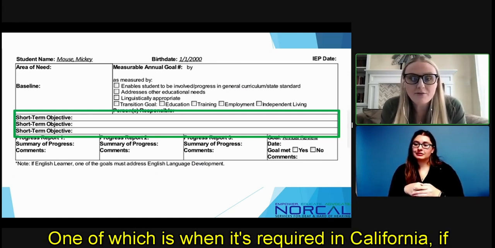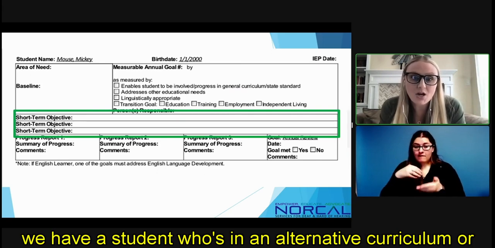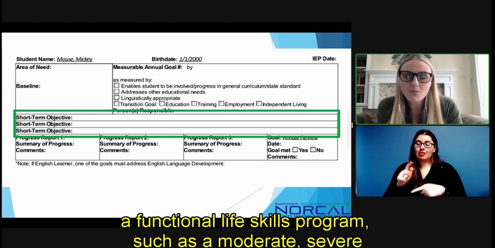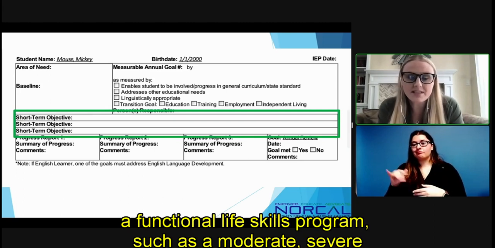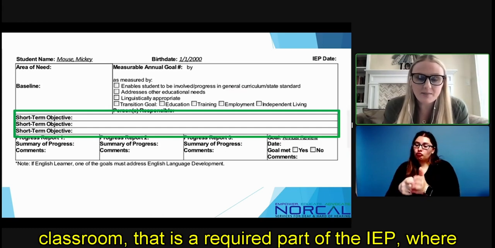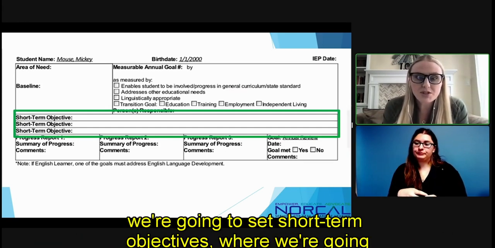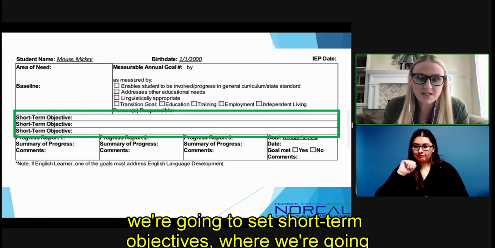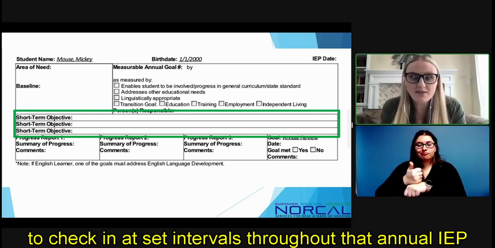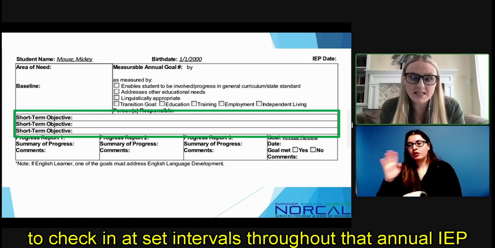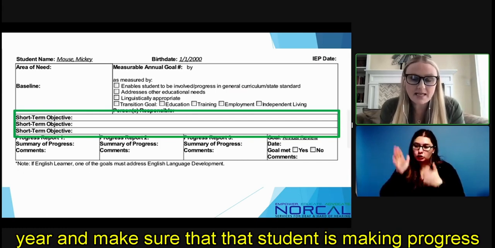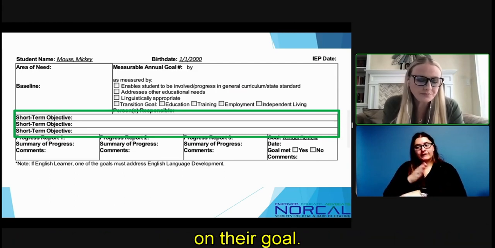In California, if we have a student who's in an alternative curriculum or a functional life skills program, such as a moderate severe classroom, that is a required part of the IEP, where we're going to set short-term objectives where we're going to check in at set intervals throughout that annual IEP year and make sure that that student is making progress on their goal.